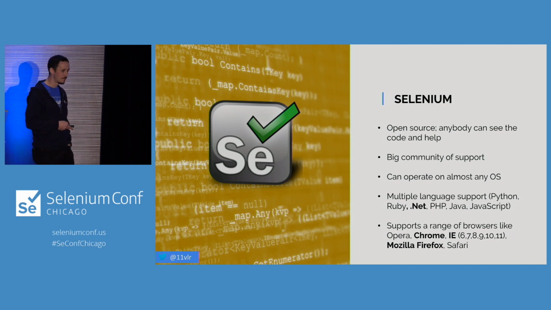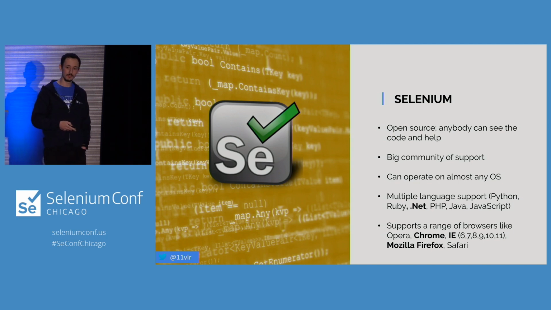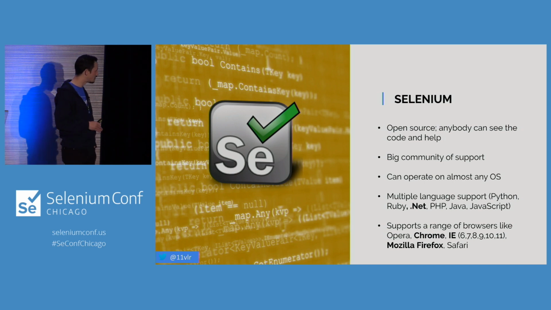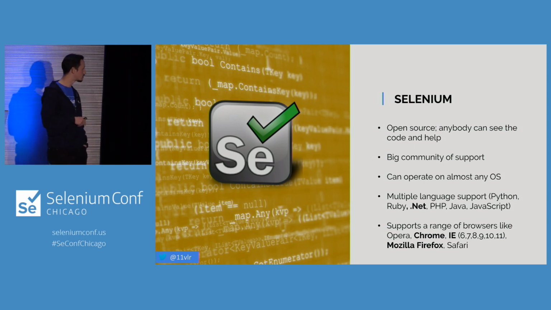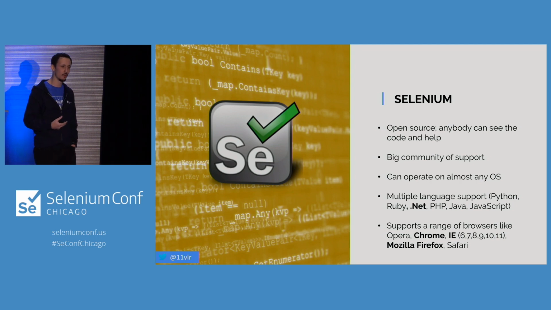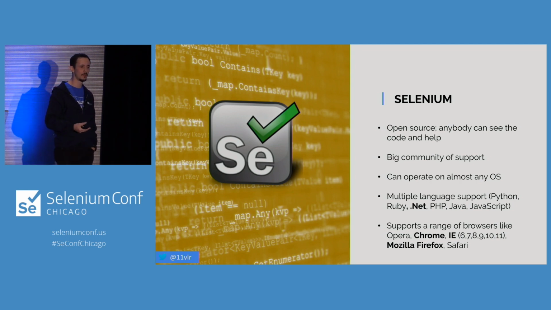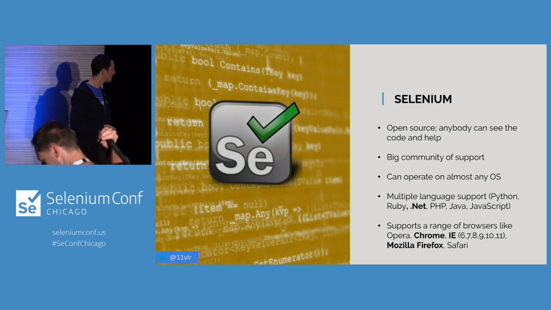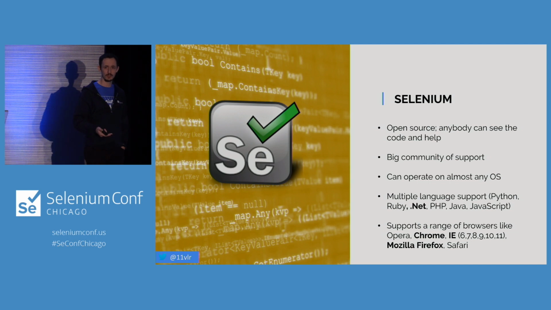I'm not sure if it's just a Wales thing, but most companies or most job adverts, it's just Selenium. The reason that we chose it was because it's open source. That's really good because we can see what's actually going on. We can get support from the community because it's a well-known tool and it's well used. It can operate on almost any operating system.